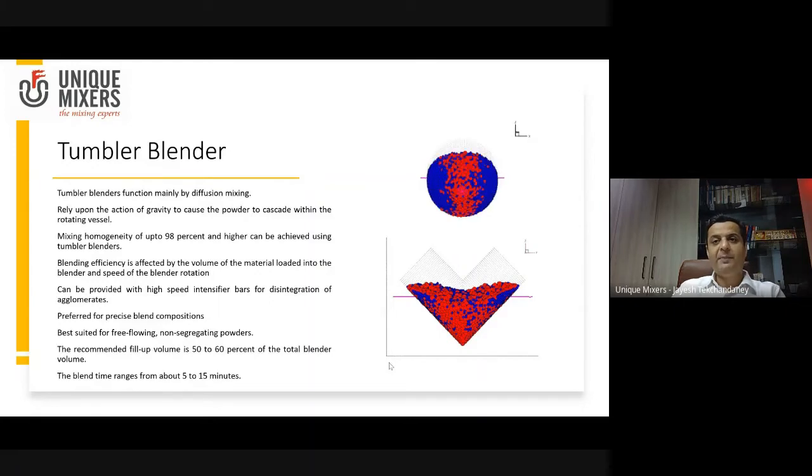For blending to take place, you need free space for the material to mix. So in the V blenders, 50 to 60% of the gross volume is the working volume, and typically the blend times in this kind of equipment are 5 to 15 minutes. As I said, your drum mixer also falls in the category of tumbler blender or a gravity blender.